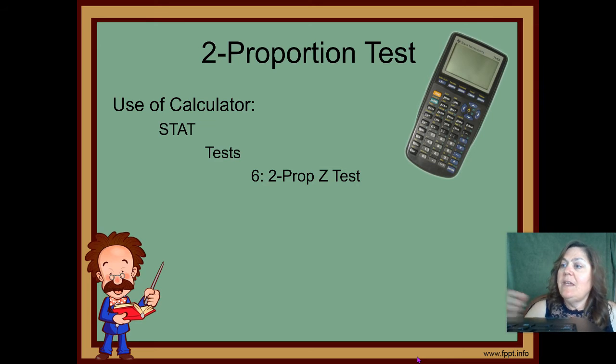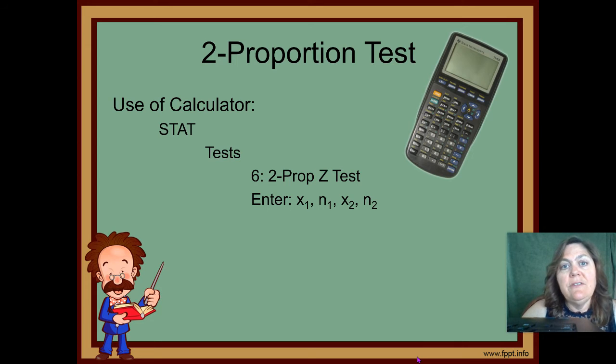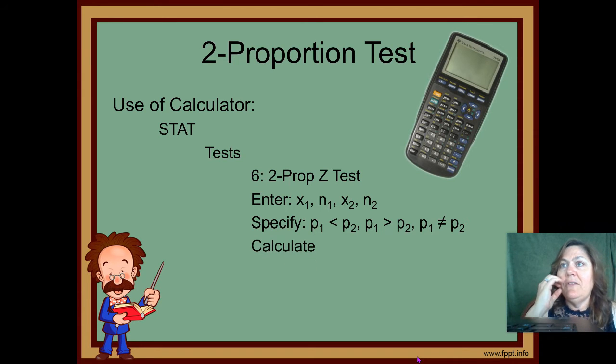That means it's a 2 sample z-test for proportions. I highly recommend this because of the crazy calculations. You enter your x1 and n1, x2 and n2 from the problem, and then you let the calculator know if it's 1-tailed or 2-tailed, in which direction, and hit calculate. Oh my gosh, so much easier, yay!